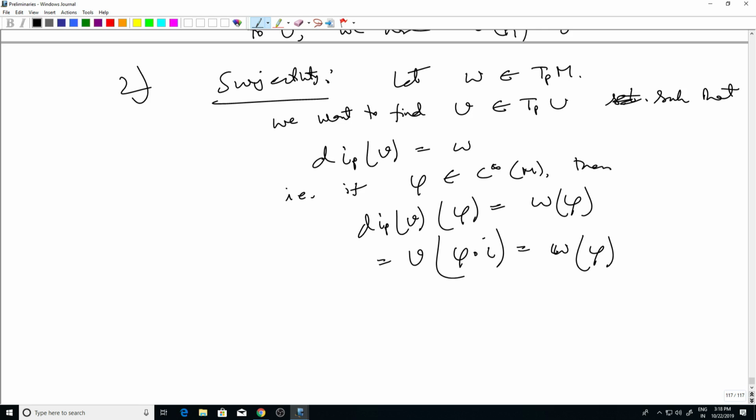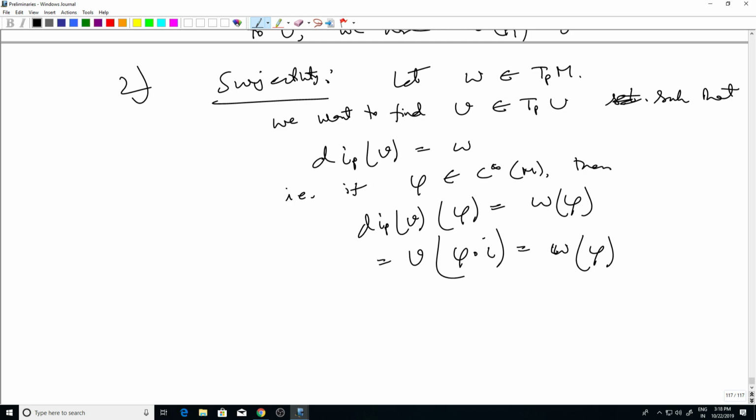The point is that W acts on C infinity functions defined on all of M, while a vector V in T_P U can act on a different class of functions, those functions which are just defined on U, not necessarily on all of M. But still I can use W to define a V as follows.